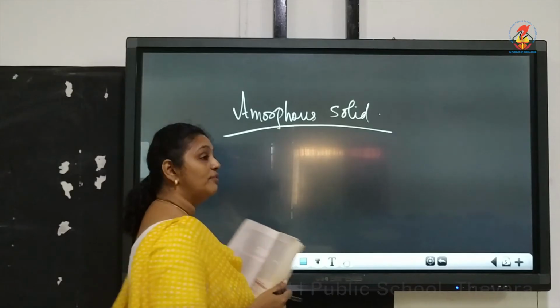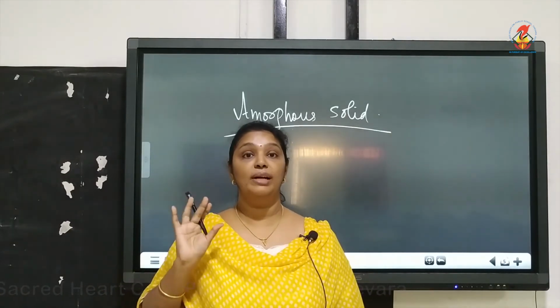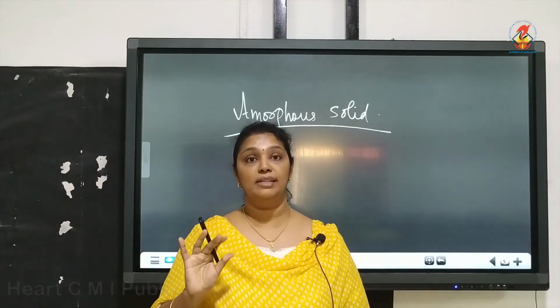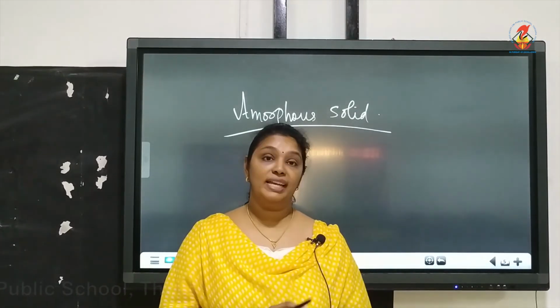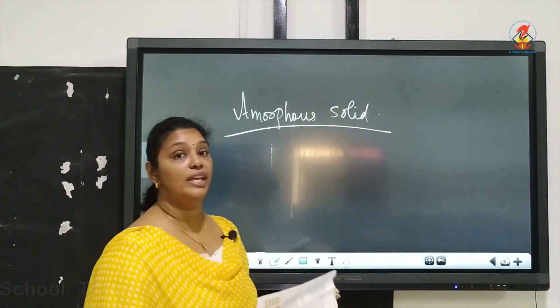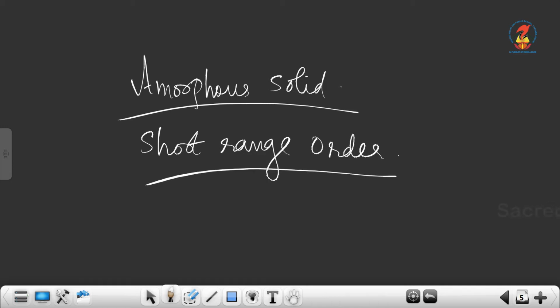Now, what are amorphous solids? Amorphous solids do not have a regular pattern of arrangement of constituent particles, or their shape is irregular. Or we can say they have a short range order in them. What is the meaning of short range order?